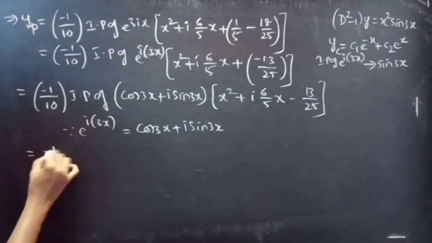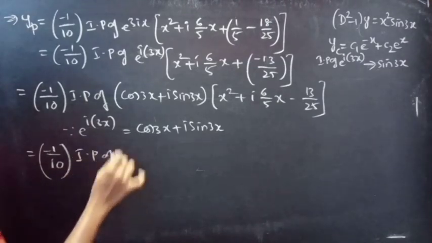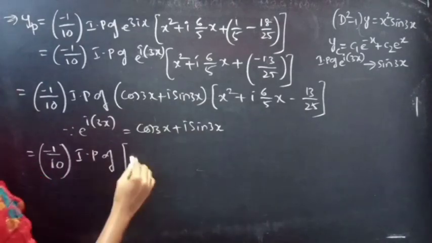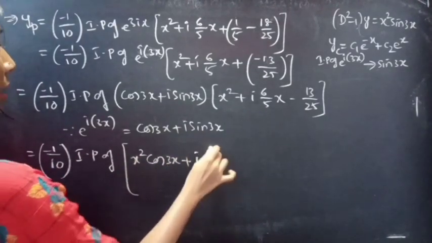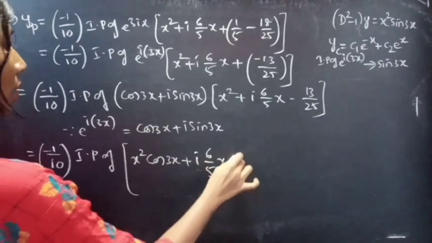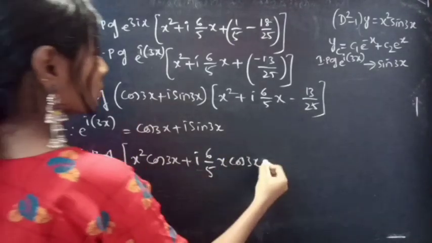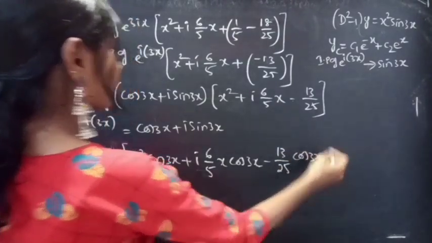This is equals to minus 1 by 10 into imaginary part of cos 3x into all these three terms: x square cos 3x plus i into 6 by 5 into x cos 3x, minus 13 by 25 into cos 3x.